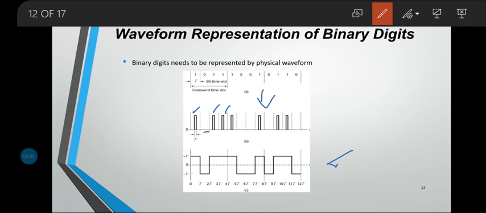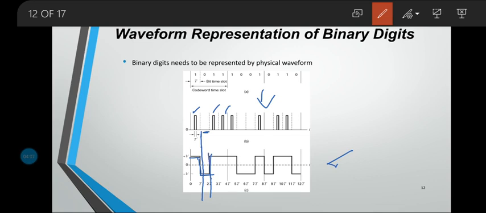Now for this particular bit interval, there is a bit 1 present, so it takes up the upper voltage, and if there is no bit present at the next bit time slot, it traces the negative voltage level, which equally represents binary 0.